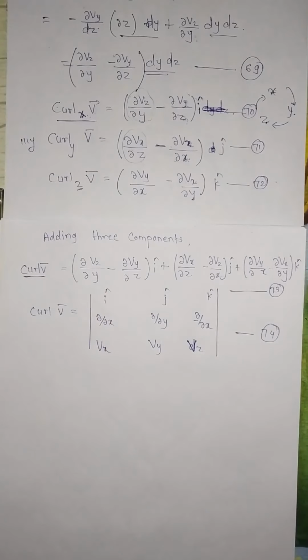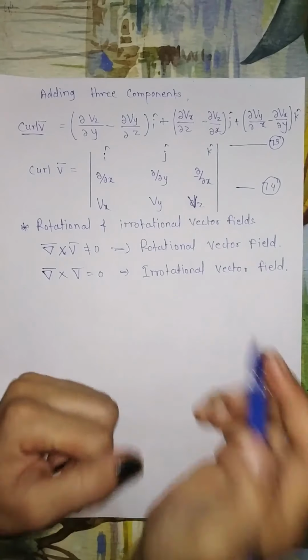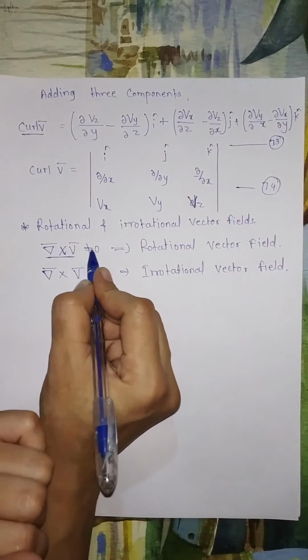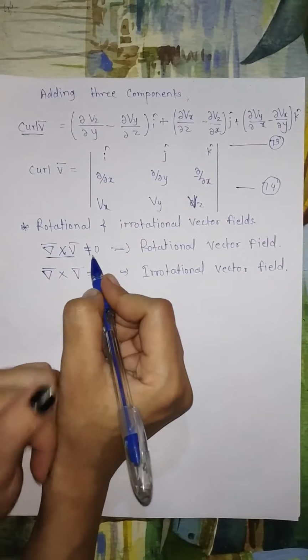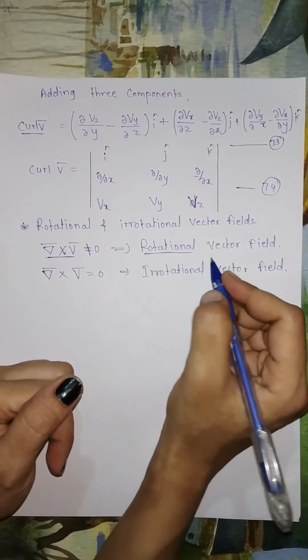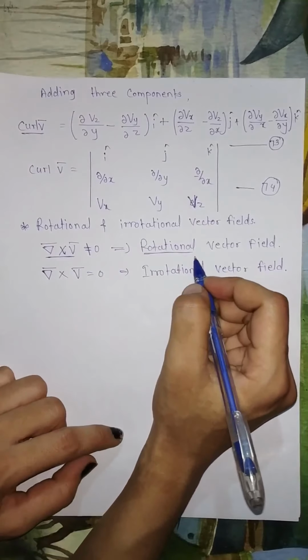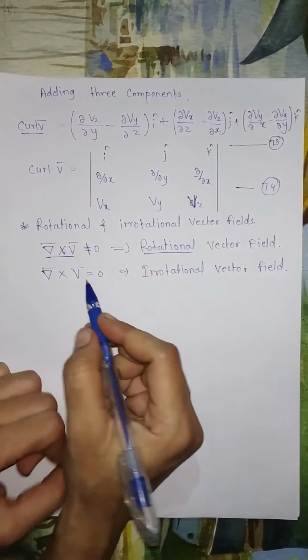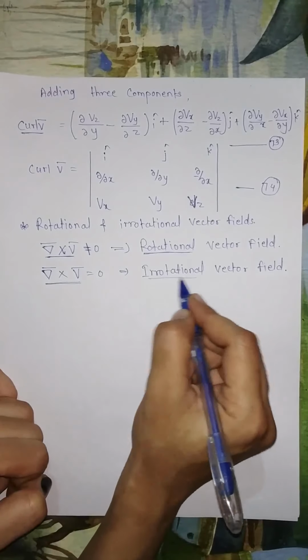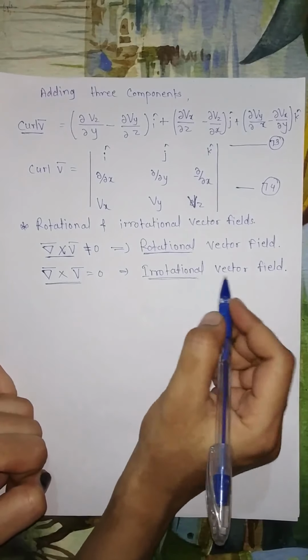So the next concept is rotational and irrotational vector fields. Whenever the curl of a vector field is not equal to 0, meaning there is some curl for your vector field, then such vector fields are known as rotational vector fields. And the vector field whose curl is 0, that is del cross v bar is 0, is known as an irrotational vector field.